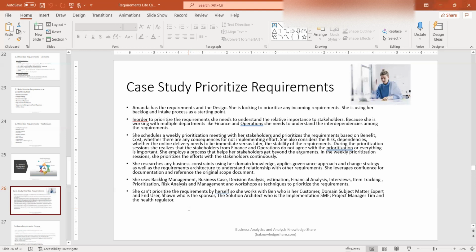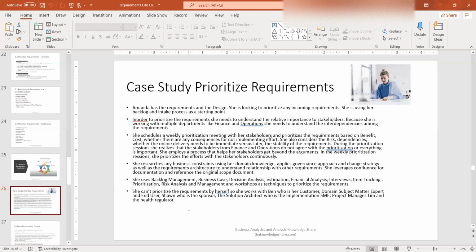She also researches any business constraints using her domain knowledge, applies the governance approach and change strategy, as well as the requirements architecture to understand the relationship with other requirements. She leverages Confluence for documentation and references the original scope document.